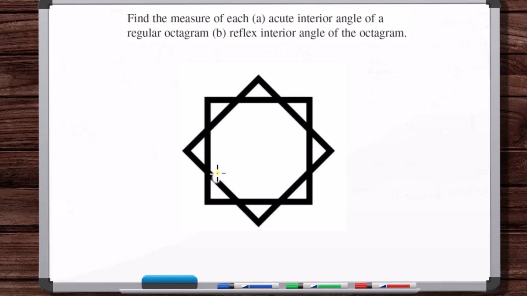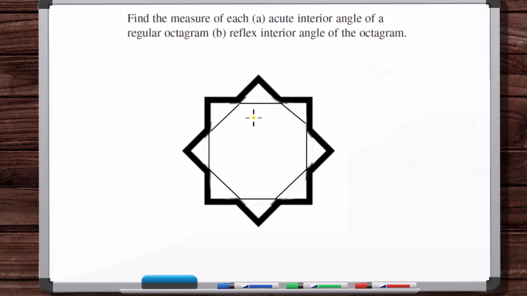Okay, and we can more clearly see the octagram if we erase the interior polygon. So there's the octagram, the regular octagram. Okay, so let's put the interior octagon back in, but make it not as bold.